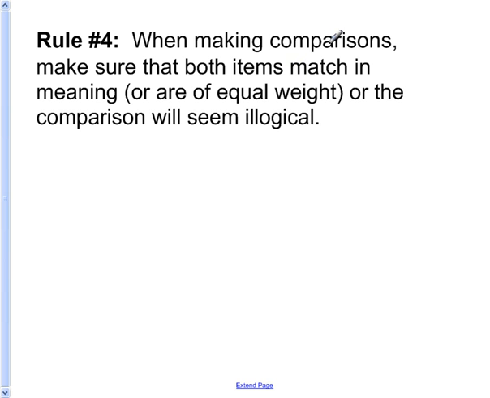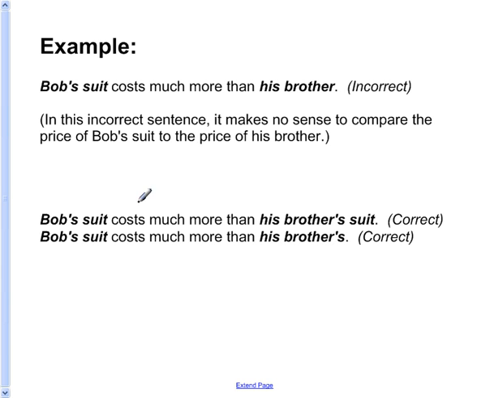Rule number 4, again, when making comparisons, now make sure that both items match in meaning or are of equal weight. In other words, make sure the comparison seems logical. Make sure it's not an absurd comparison. Let's look at an absurd comparison, something that is considered out of parallel.